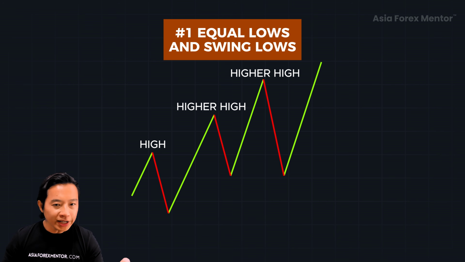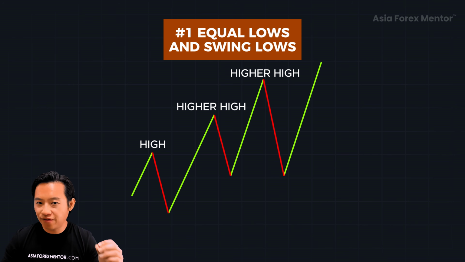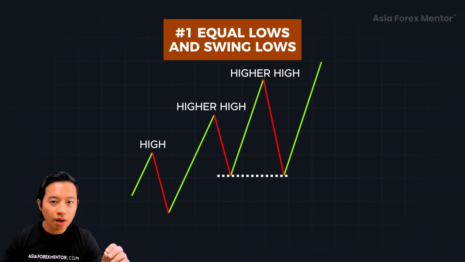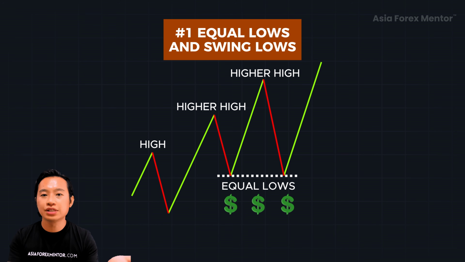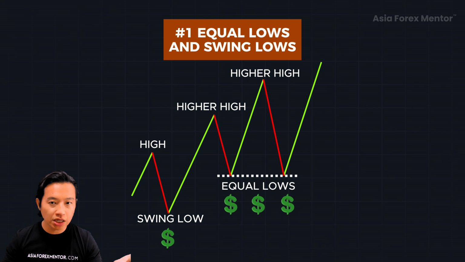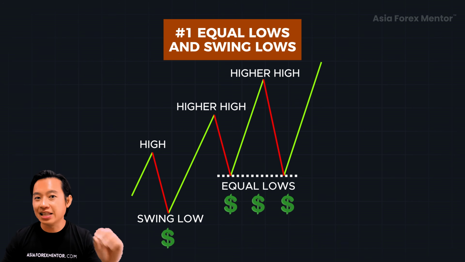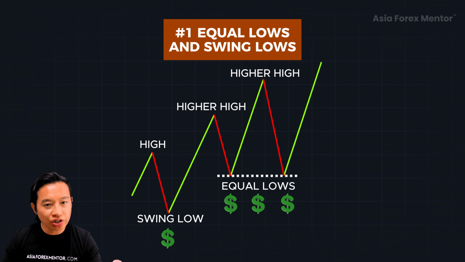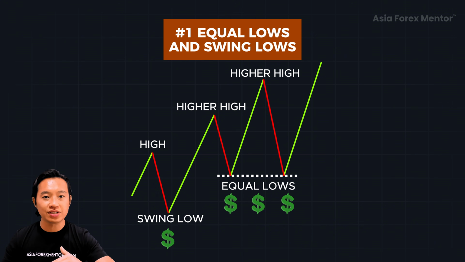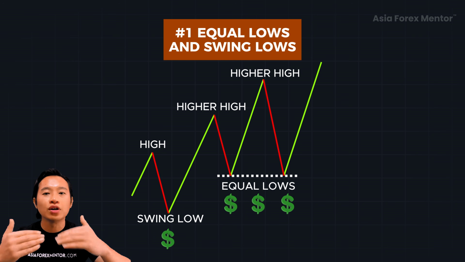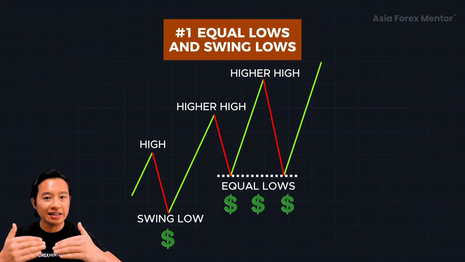Liquidity can often be found below previous equal lows or swing lows, as these levels attract buying interest and result in an accumulation of orders at that level itself.